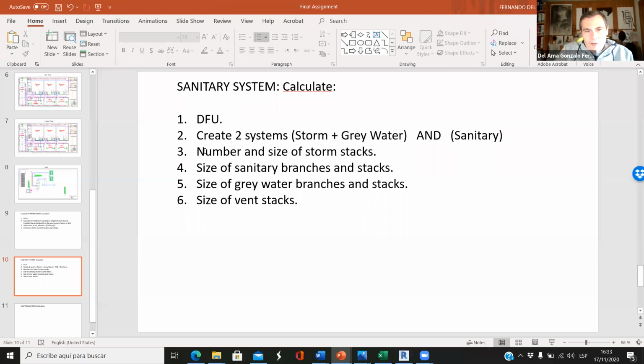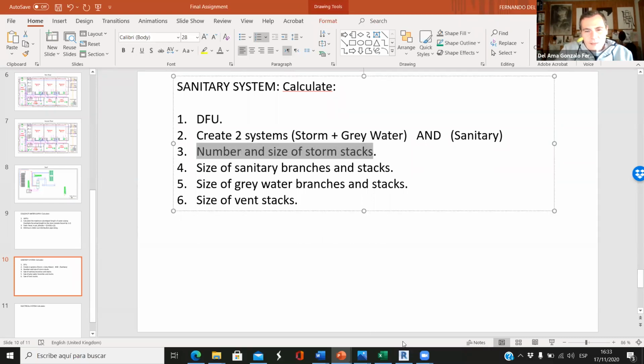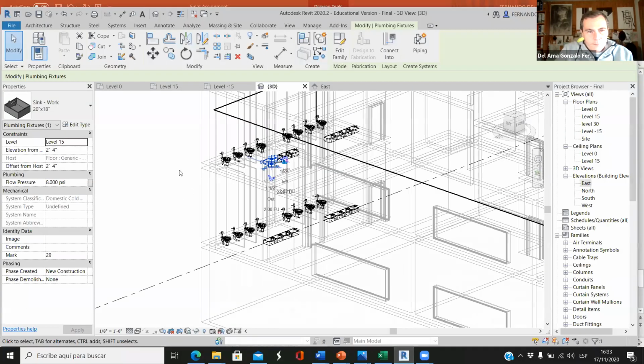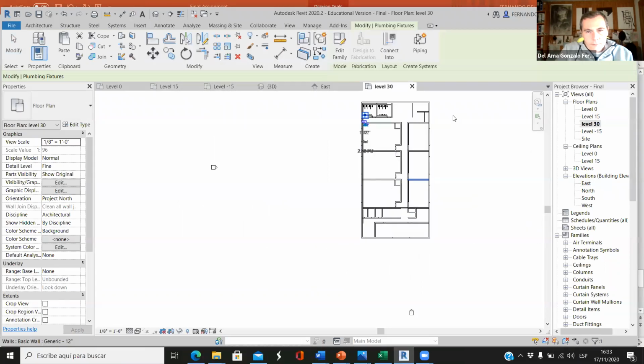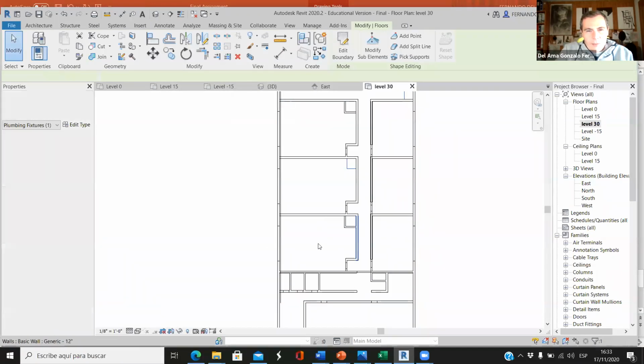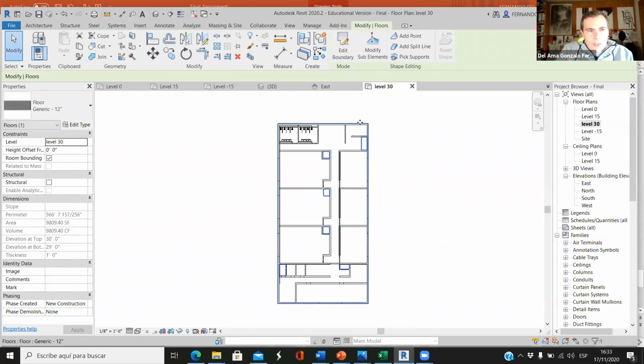Okay, so now the number and size of storm stacks. We have this building. Looking at this building, if we select the roof, the area is 9,809 square feet. I don't recommend you have only 1 storm stack for this area.